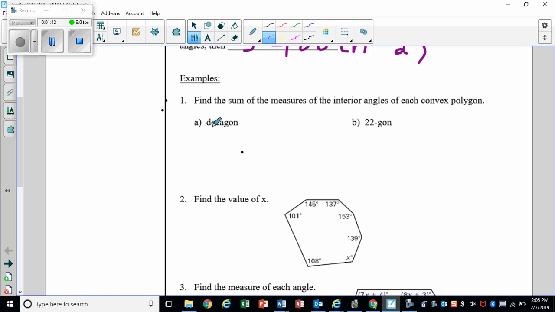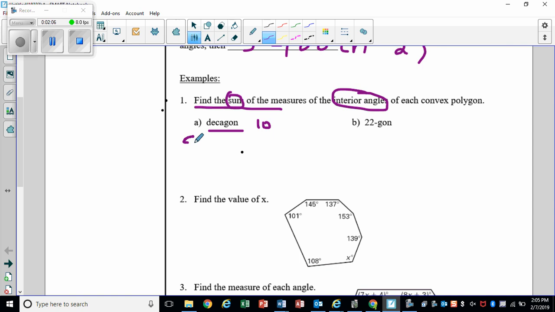So we're going to do a couple of problems related to this. It says find the sum of the measure of, so remember the key word is the sum of what? An interior angle, because the question might also ask you to find the sum of an exterior angle. Okay, sum of an interior angle of a decagon, deca 10, that's what it represents.